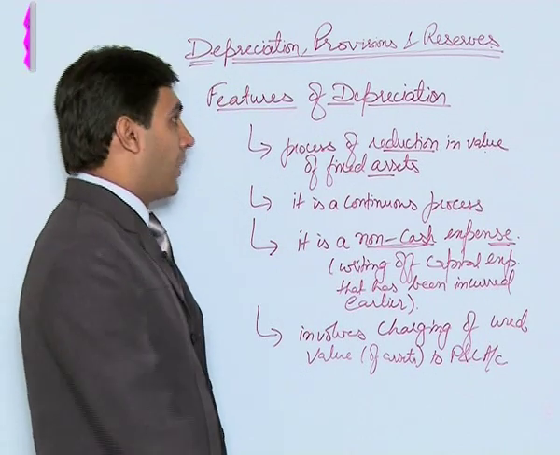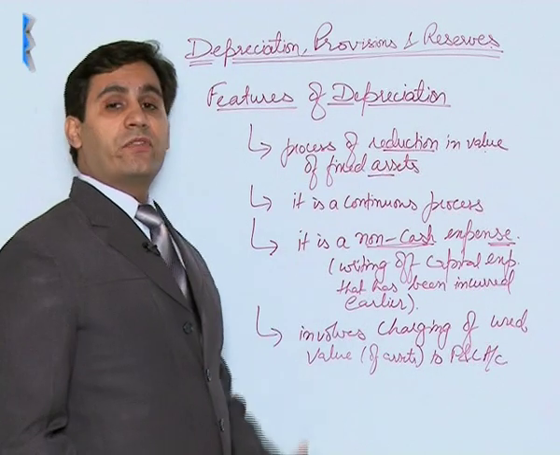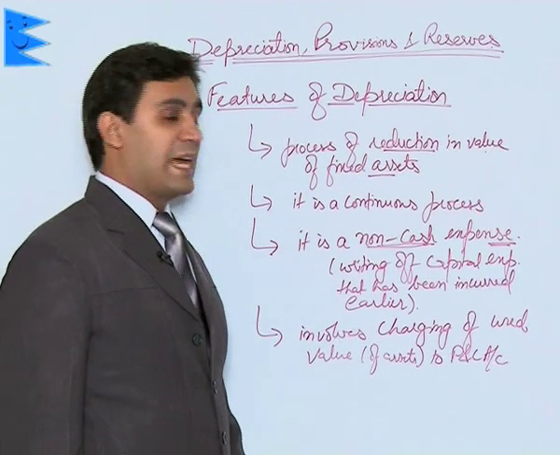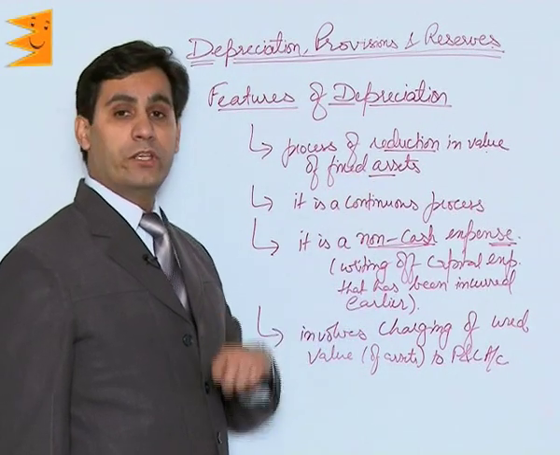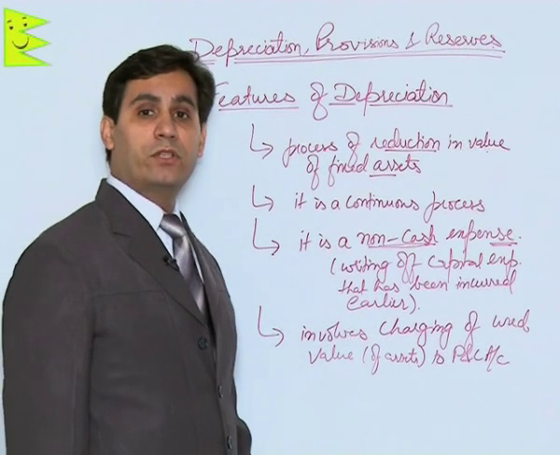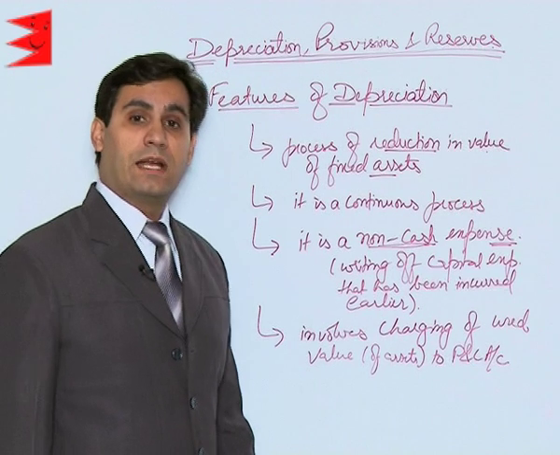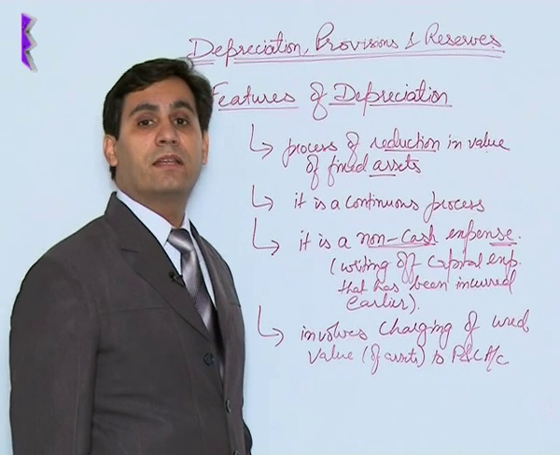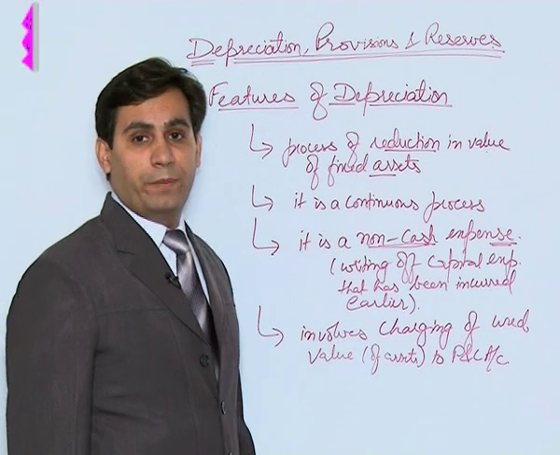Now students, revising the whole concept, depreciation is a process of reduction in the value of fixed assets. That means it leads to reduction in assets and is charged only on fixed assets. Then it is a continuous process. It continues over a period of time. It is a non-cash expense. That is, the amount of depreciation that is actually incurred on an asset during a year is not paid to anybody.